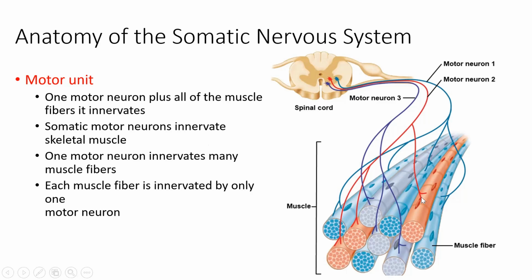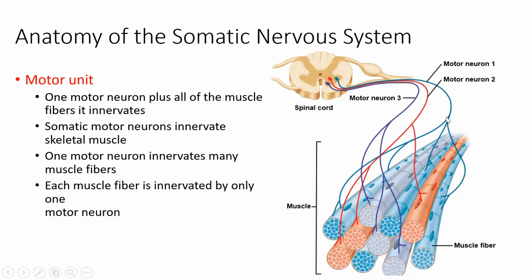I'll say that again here. One motor neuron can innervate many fibers, but a single fiber can only be receiving input from a single motor neuron. If we're looking at this description of a motor unit, it is the single motor neuron coming out from the spinal cord here, traveling via this spinal nerve.